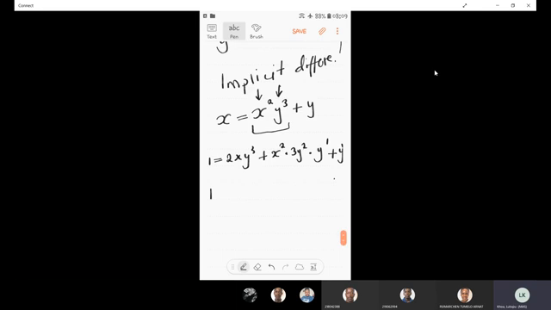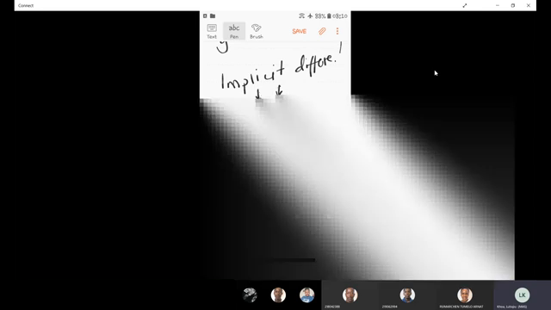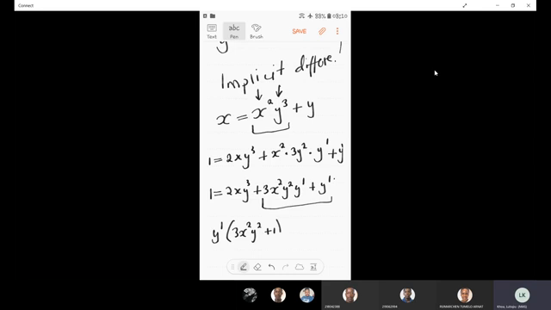So to simplify, first of all, I have 2xy cubed, and then I have 3x squared y prime plus y prime. So here I will factor out y prime, so I have y prime times 3x squared y squared plus 1, and then this 2xy cubed, I can subtract it so it's on the other side with 1.